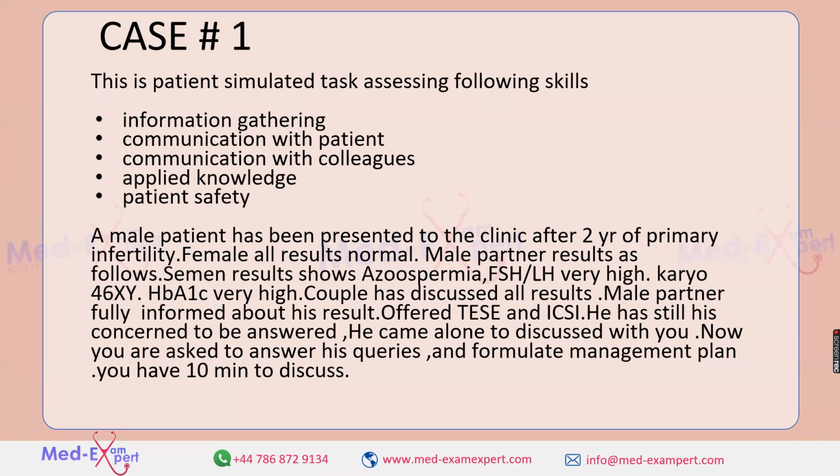If the repeated results also reveal the same, this condition cannot be solved by taking medication, and you can have a test tube baby by extracting your sperm from your testes. Are you following me? Yes, okay, doctor.